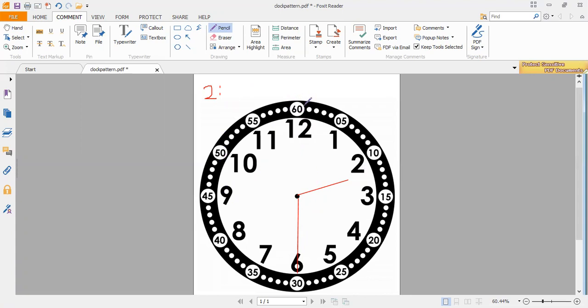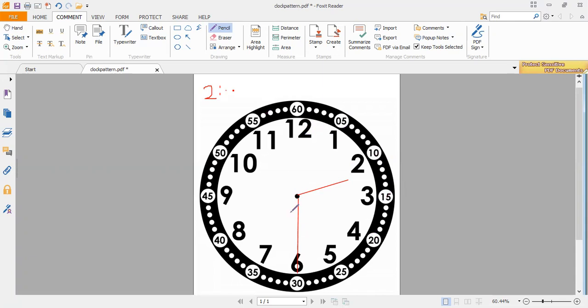Do you see the outline numbers? Between each number on this clock, there are 5 minutes. Do you remember when we said this is the space for the minutes? And this is the minute hand.